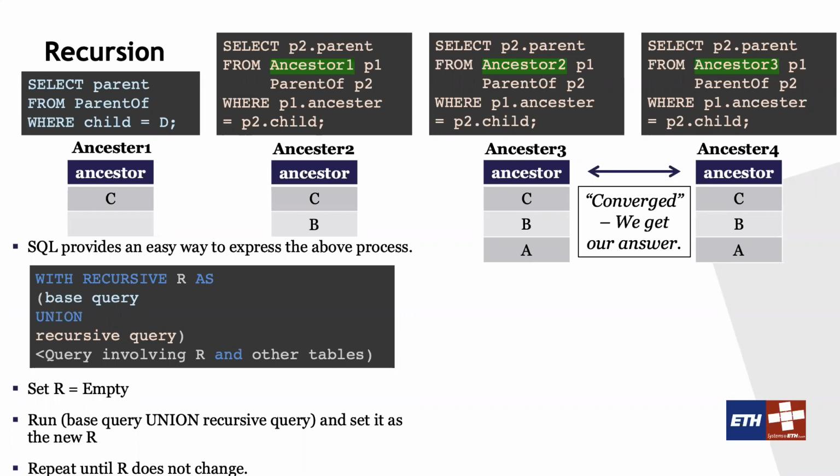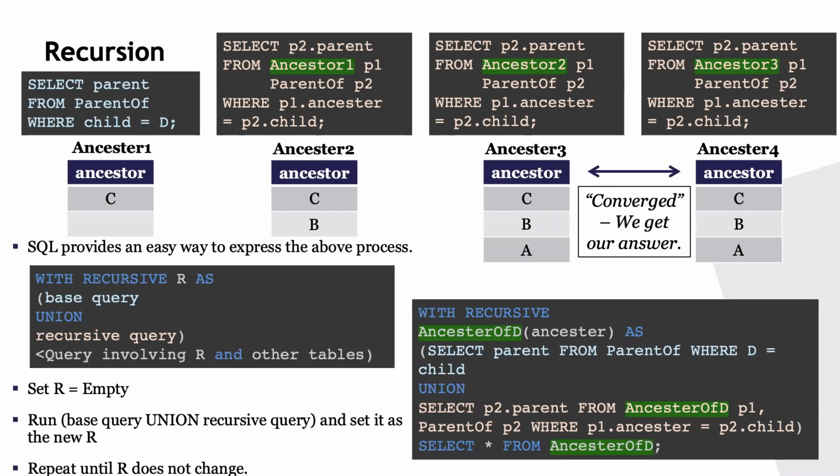As you can see, this is a very natural way to implement a process like this, essentially running the same query again and again. Here, that query is base query union recursive query. You run that again and again until the result doesn't change, and then you query that result, okay? So this is the process that we want to enable. This is the syntax.